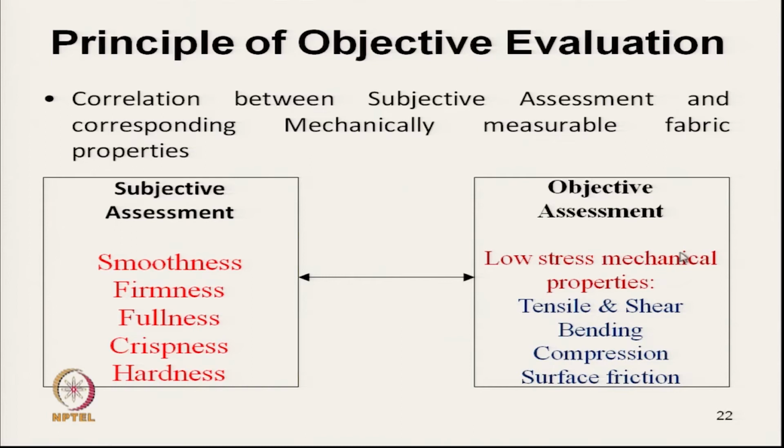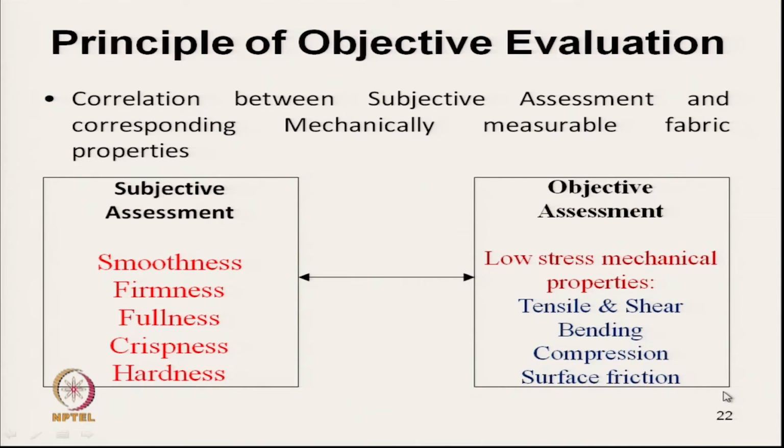These low stress mechanical properties are tensile and shear characteristics, very low stress tensile characteristics. We are not talking here about the stress up to the end point, the breaking point. Here we are talking about the very low stress, which is used for fabric handle characteristics, and shear, then low stress bending characteristics, low stress compression characteristics, and surface frictional or surface roughness characteristics.